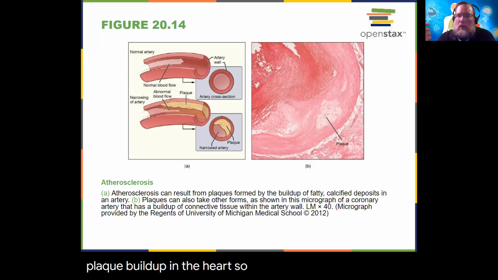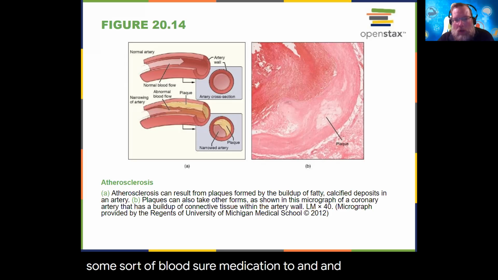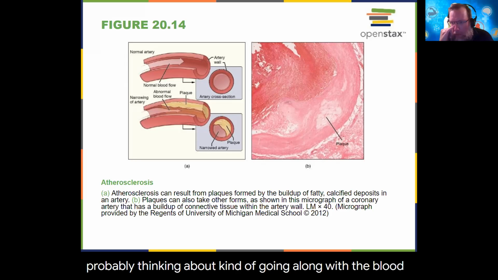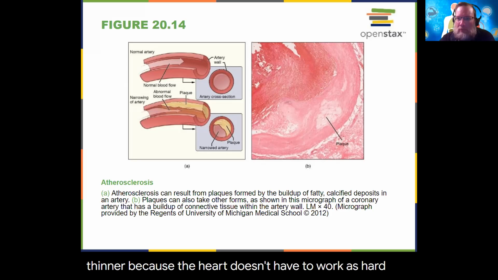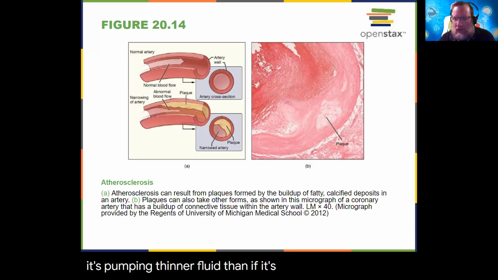So probably going to put you on some sort of blood pressure medication too. And along with the blood pressure med, probably going to put you on a blood thinner because the heart doesn't have to work as hard if it's pumping thinner fluid than if it's pumping thicker fluid.